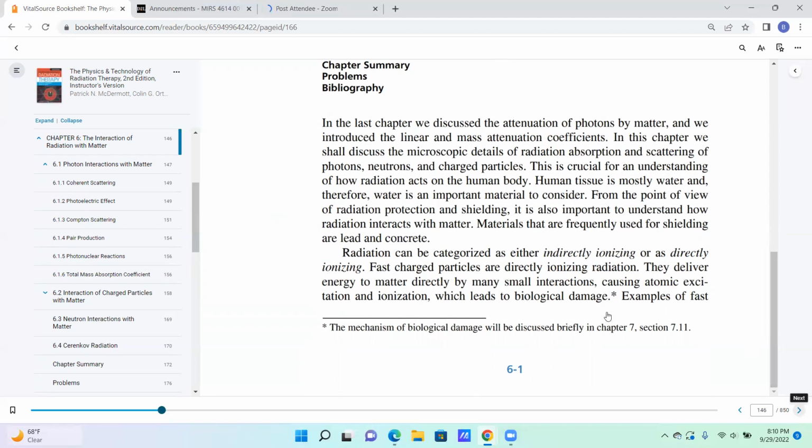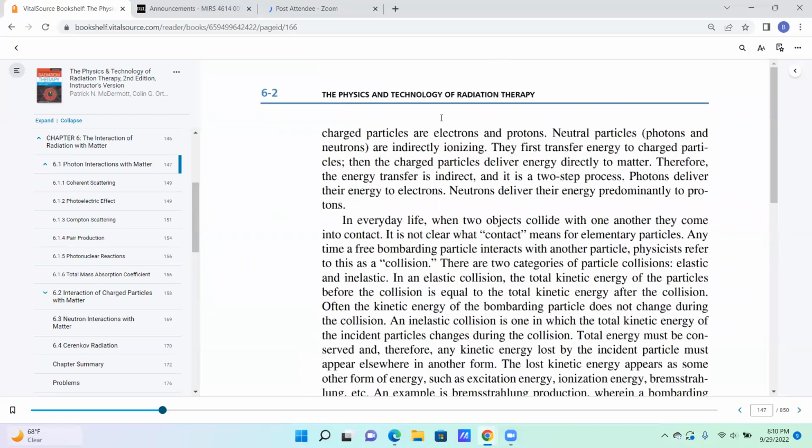Examples of fast charged particles are electrons as well as protons. Neutral particles, photons, and neutrons are indirectly ionizing. They transfer energy to charged particles, then the charged particles deliver energy into the matter.